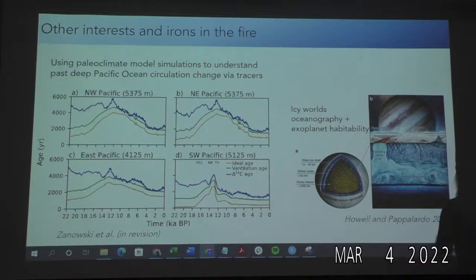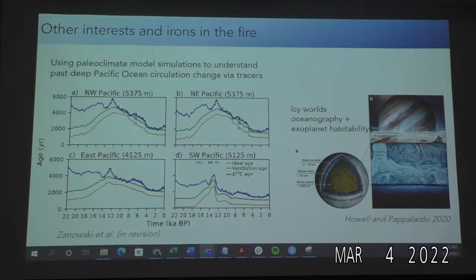So besides my Arctic work and thinking about freshwater, I also have a couple of other irons in the fire. I always do. I call myself a polar oceanographer, but I think about lots of different kinds of oceanography. Right now I have a paper in revision that uses paleoclimate model simulations to understand past deep Pacific Ocean circulation change, from the last glacial maximum, about 22,000 years ago, to the present day.